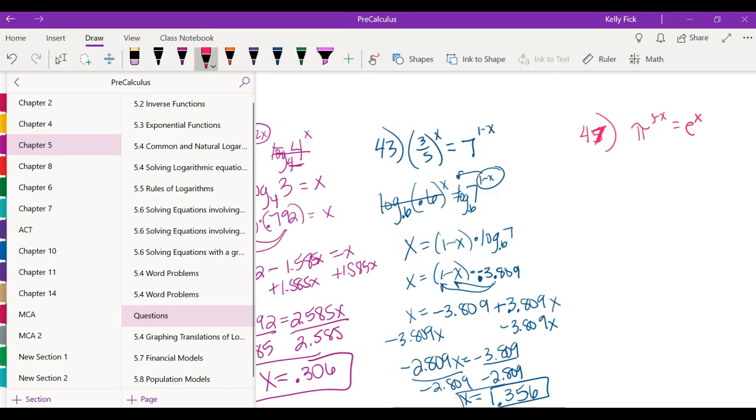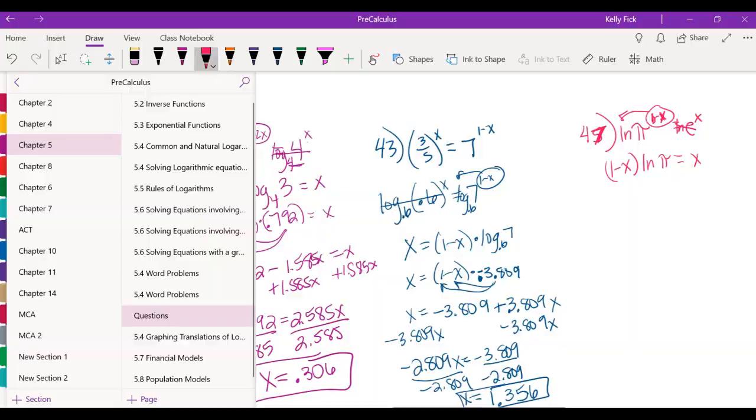Okay, so what I would do is I would choose natural log because x is more simple than 1 minus x. So I'm going to do ln, okay? So this side it cancels, this side this drops down, 1 minus x, ln of pi equals x.